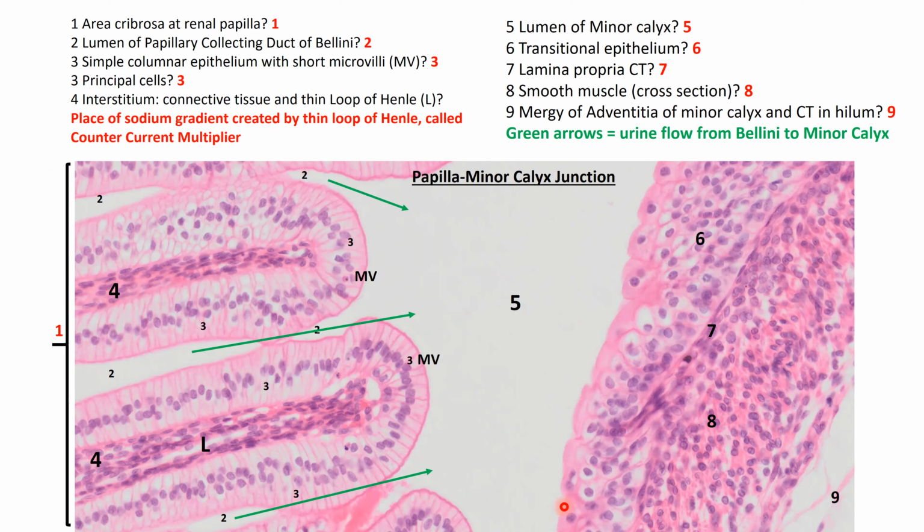And here, number 7, you can see the fibroblasts in the lamina propria connective tissue. Then this is the first smooth muscle in cross-section that showed up. And then here is basically the adventitia of the minor calyx, which merges with the connective tissue in the hilum.